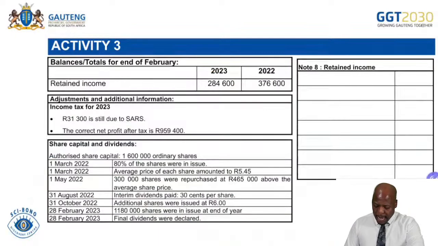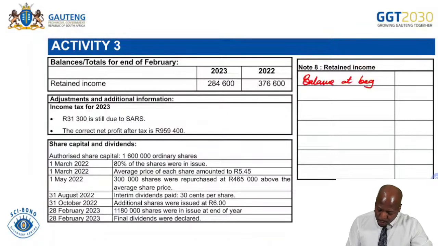The next activity now is the retained income. In our retained income, the formula starts with the balance at the beginning. So the balance at the beginning of retained income is 376,600. So here it's going to be 376,600.